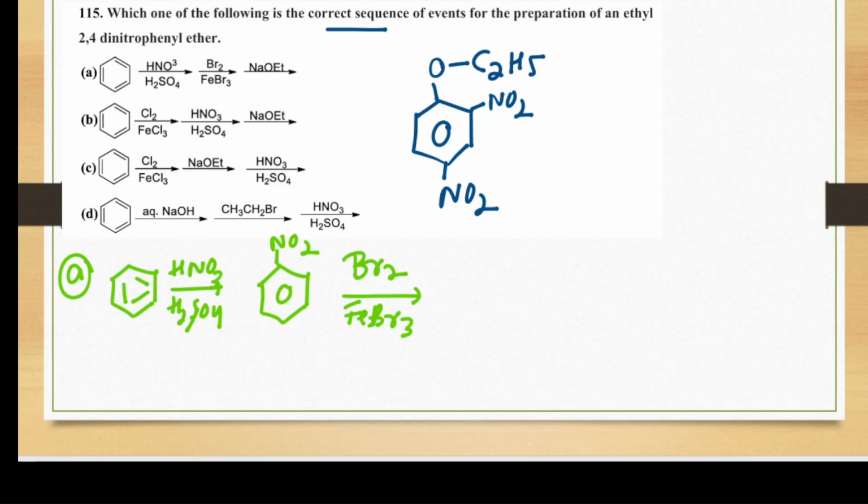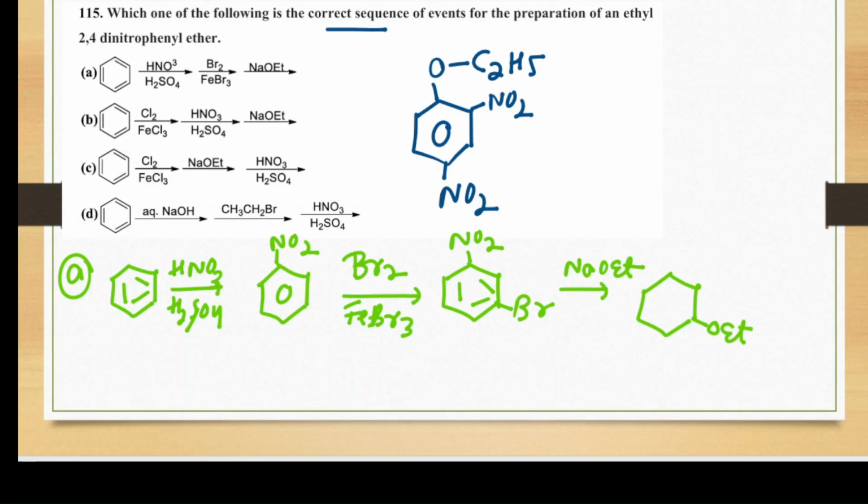The NO2 group is your electron withdrawing, meta directing group, so you will get the bromine over here. Further treatment is done with NaOEt, which can substitute your Br group. So here at this position the OEt group will come, and the NO2 group will be formed. So this is not the desired product we are getting, right? So this is not the correct answer.